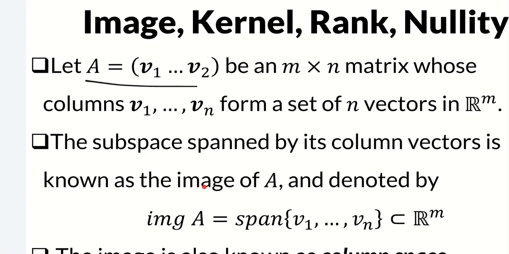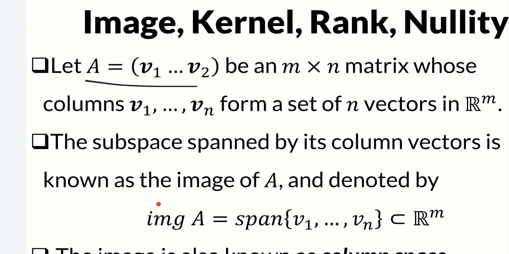Now, we can have a subspace that is spanned. If I say a subspace, that means another space that we can obtain from these columns, and they are going to be independent. Now, in matrices, when it happens like that, we call it an image.